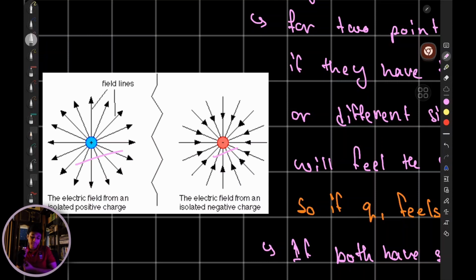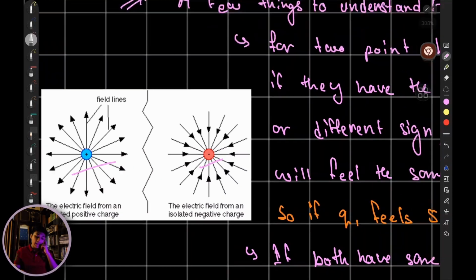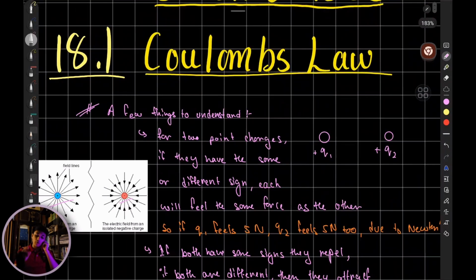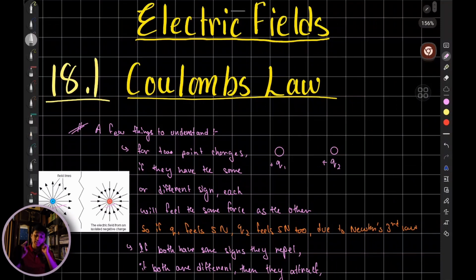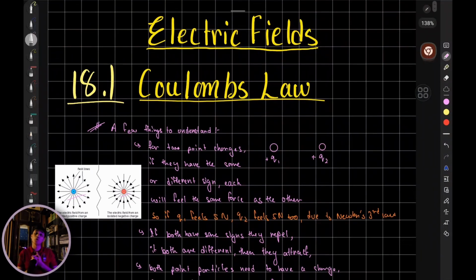Great. So if these two charges are experiencing a force, how do we calculate that force? And how does it affect other variables? And how do we get to other calculations using this force? To know how we figure out the force and how the force affects other variables, we need to understand Coulomb's law.